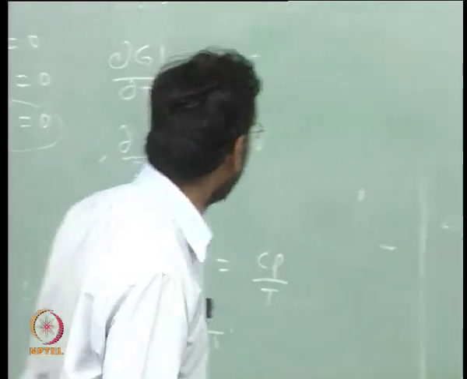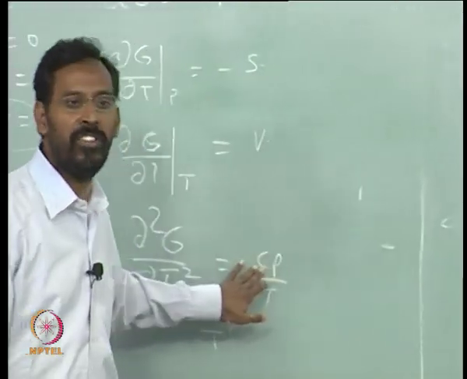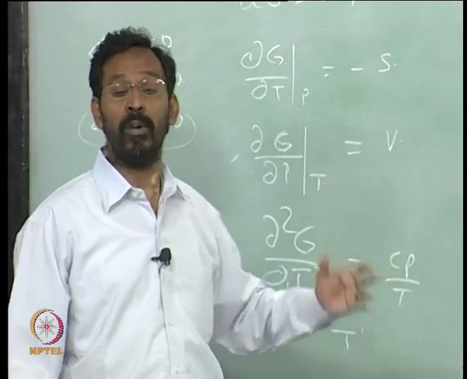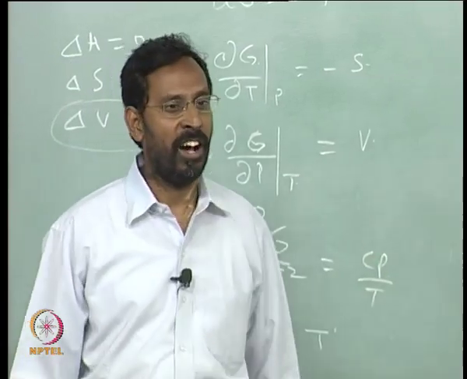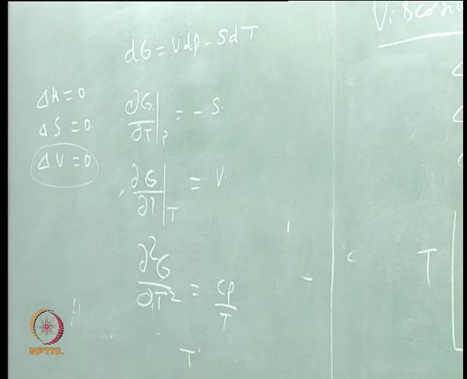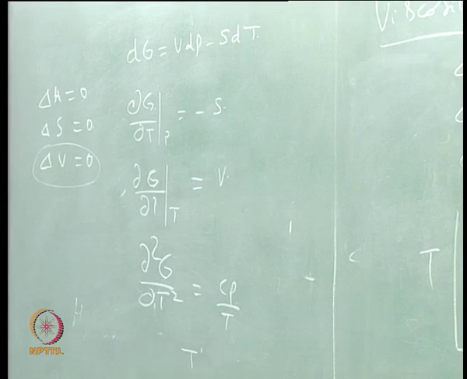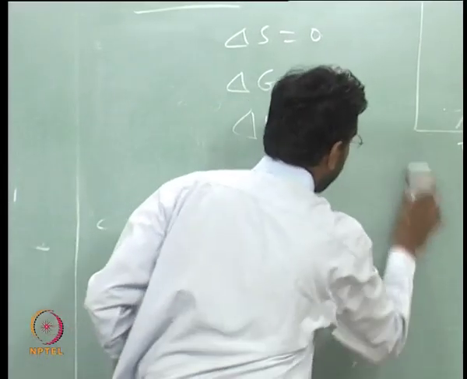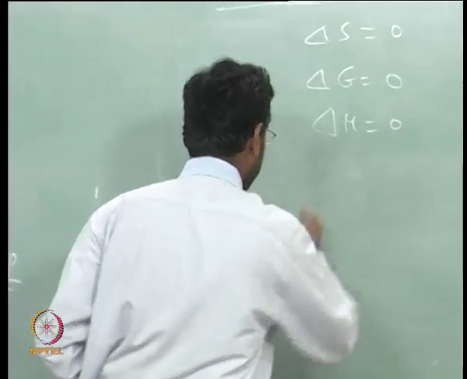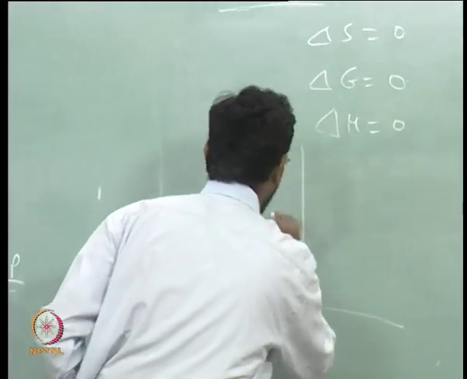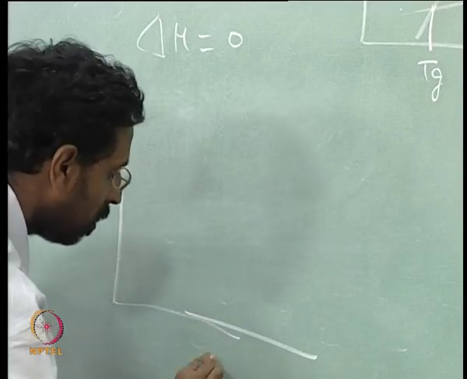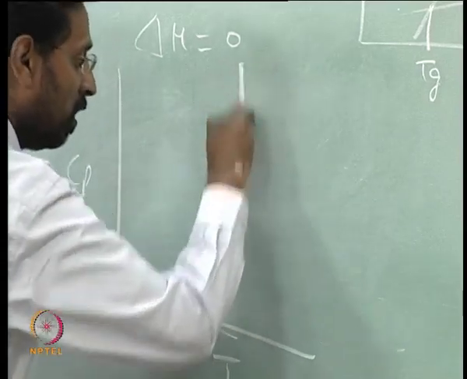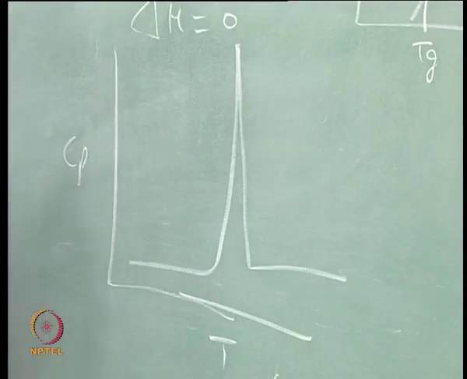So, a second order transition always will have a Cp change. For example, most of the order disorder transitions are second order transitions. In fact, some people call them lambda transitions, because if you plot Cp versus temperature, you will see something like this.